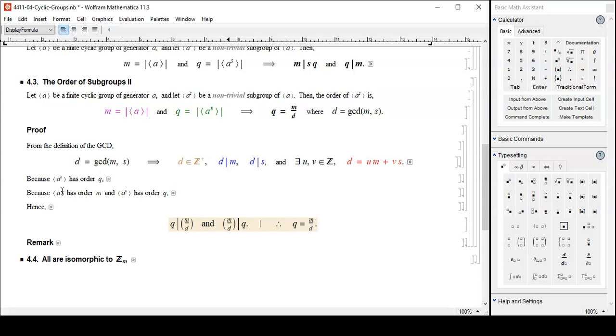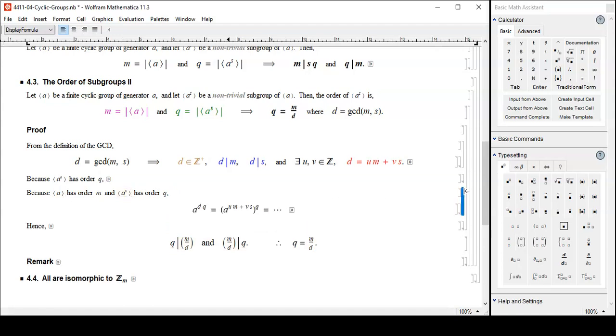And we'll use the fact that a has order m and a to the s power has order q. And we're going to start from here. a to the dq power, again, let's expand the font so that we can see those exponents better. a to the dq power, and d is um plus vs form because d is gcd. Do you see that?